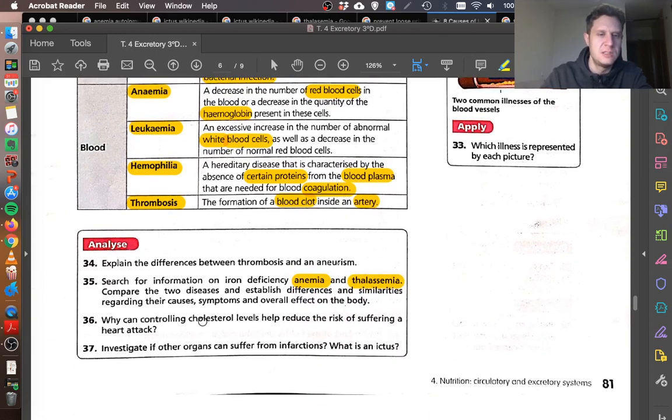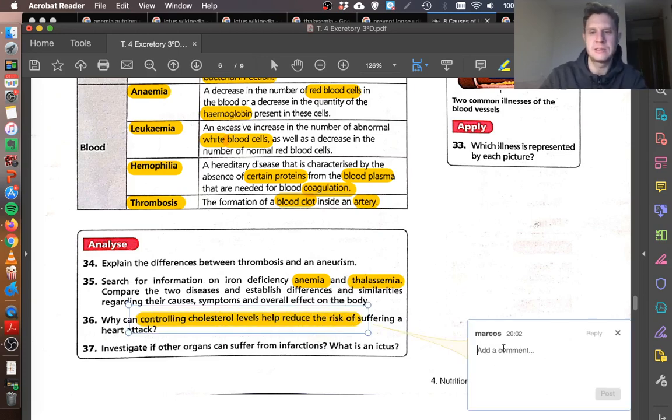So why does controlling cholesterol levels help reduce the risk of illness?